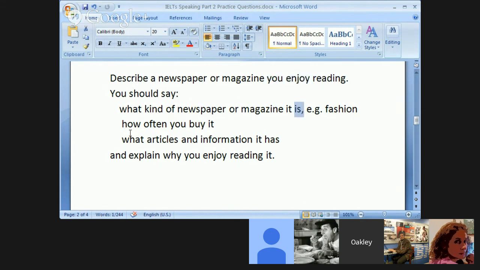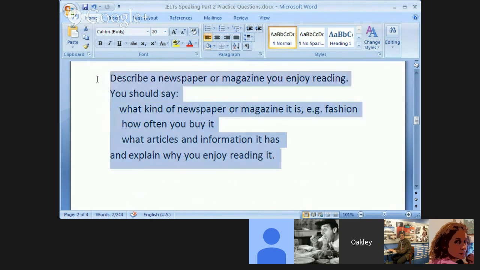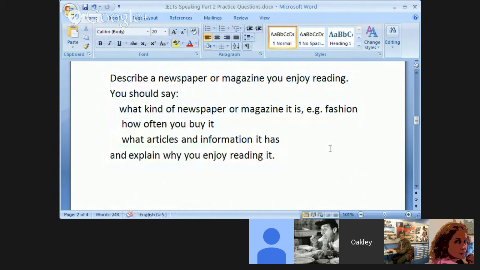You should say how often you buy it. What articles it has. Explain why you enjoy reading it. This one's like all present tense with a very specific topic. So you're describing a very specific thing here. Okay, and actually it's a thing.